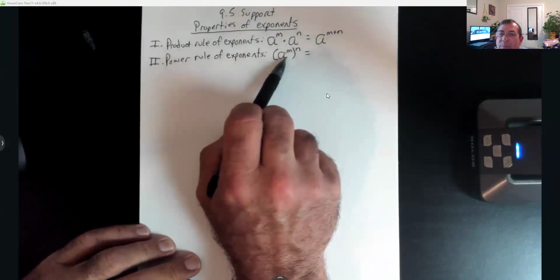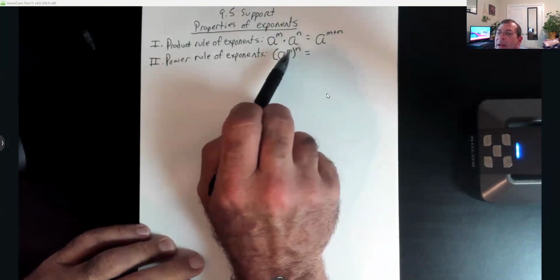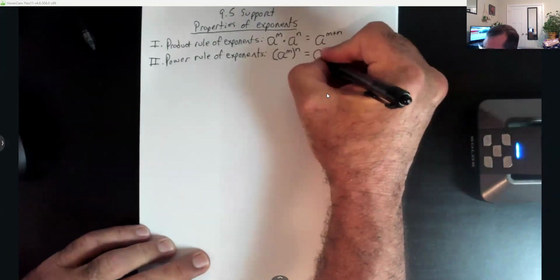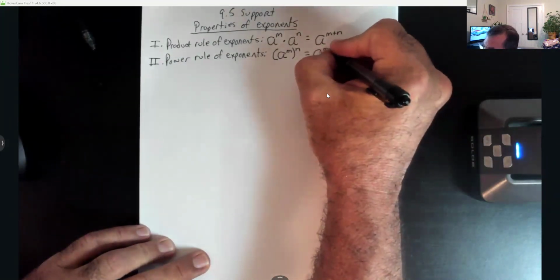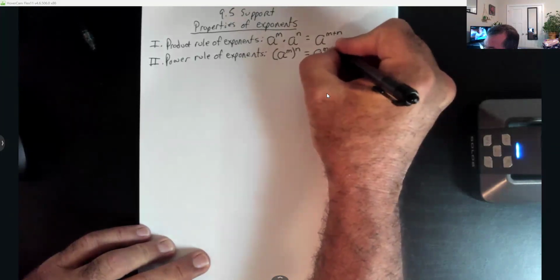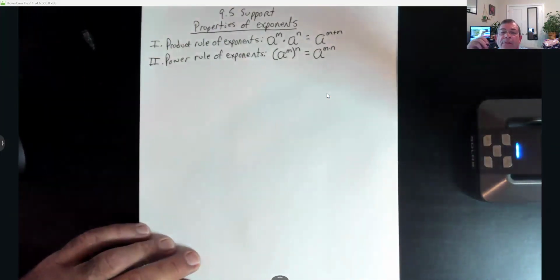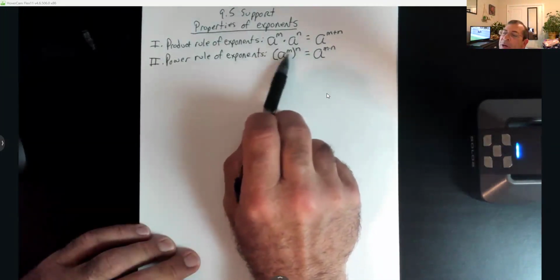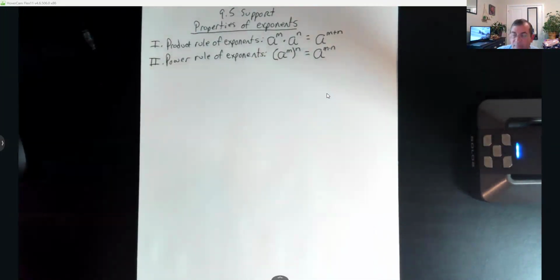When this case happens, we multiply the exponents. So this will equal a to the m times n. So multiply the exponents when they're sitting behind parentheses like that, okay?